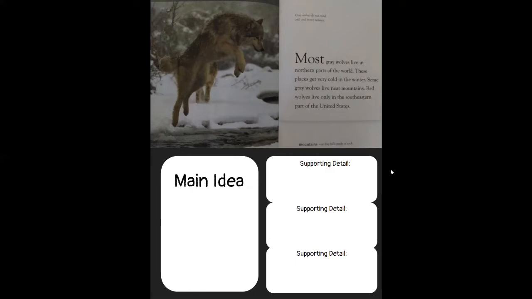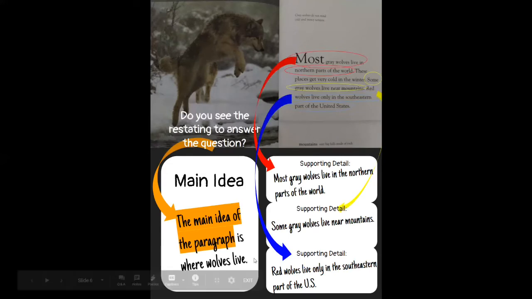Well, let's look and see. Here we go. The main idea of the paragraph is where wolves live. So all of those details support where wolves live. Do you see the restating to answer the question? Instead of just saying it's about where wolves live, we say the main idea of the paragraph is where wolves live. We restate.